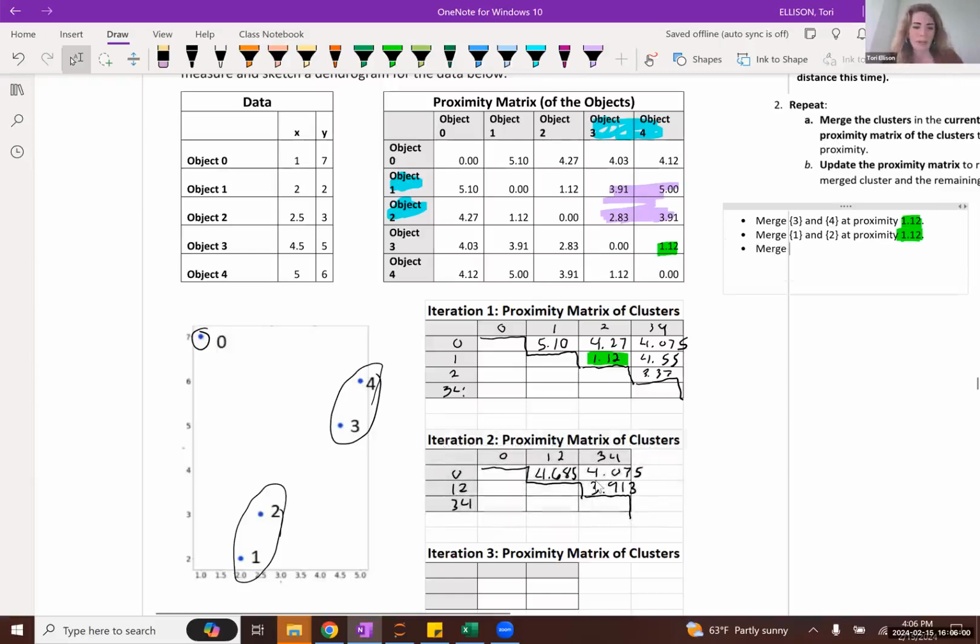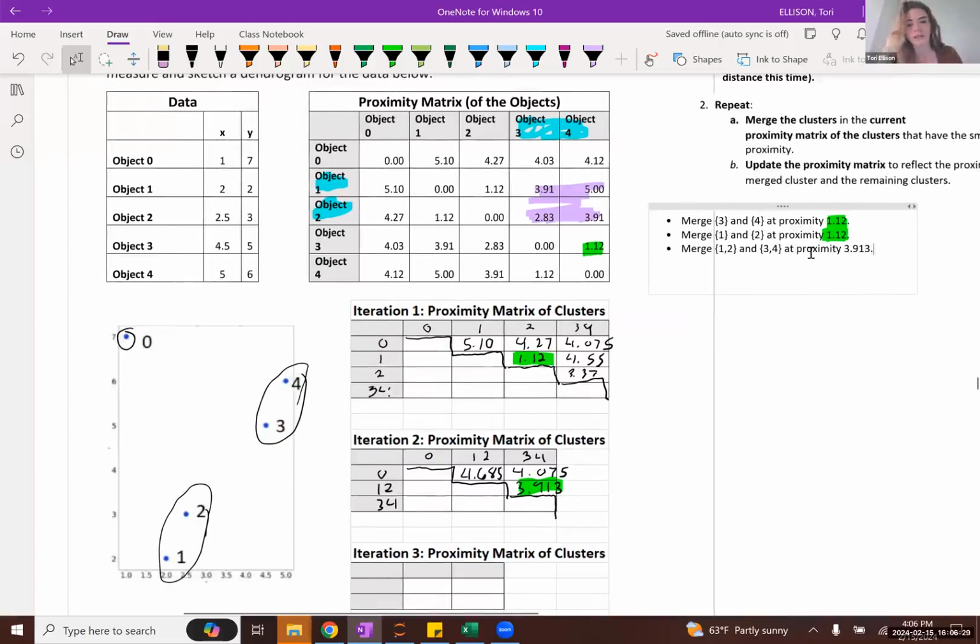And so, based on this proximity matrix, what two clusters are closest and merge next? Okay. Yep, so the two closest clusters now are 1, 2, and 3, 4. So we merge cluster 1, 2, and 3, 4 at proximity 3.913.